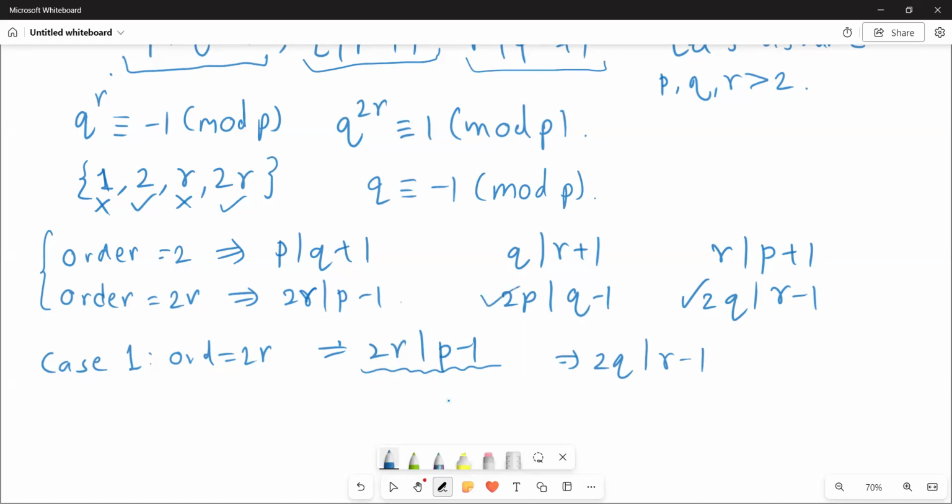So this also implies 2p divides q minus 1. Okay, and this is enough to get a contradiction, right? Because one of p, q, or r is the biggest prime, and that can't divide a smaller prime minus 1. So we get a contradiction.